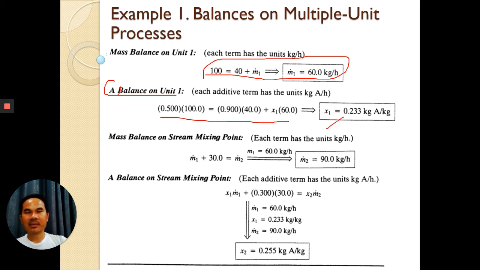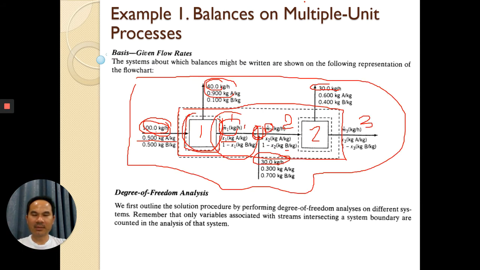The next step, for this case, you know M1, you know X1, you know M3, you know X3. Now the mixing point, or unit 2. For this case, you solve for the mixing point. Total mass is M1 plus 30 equal to M2.